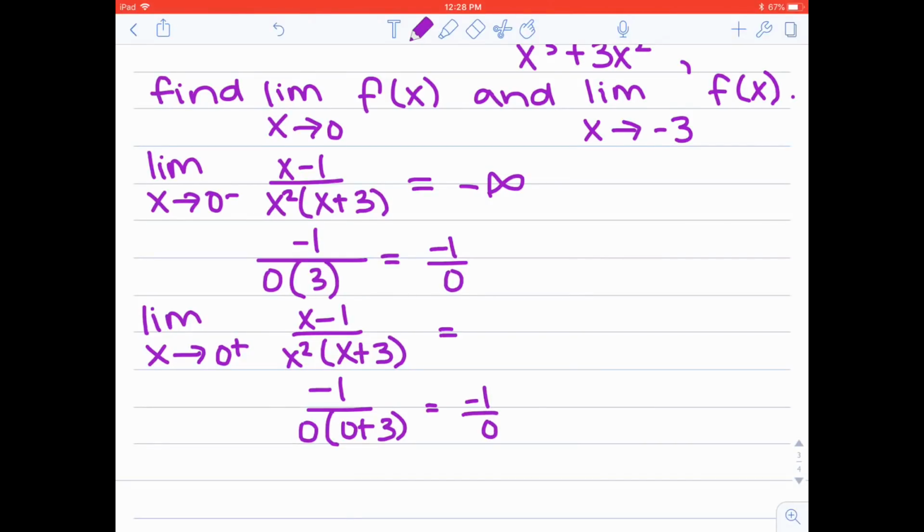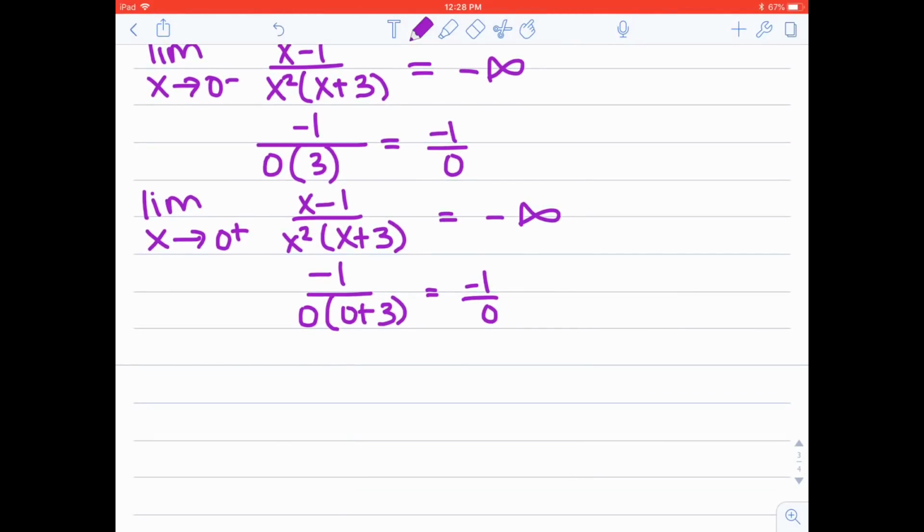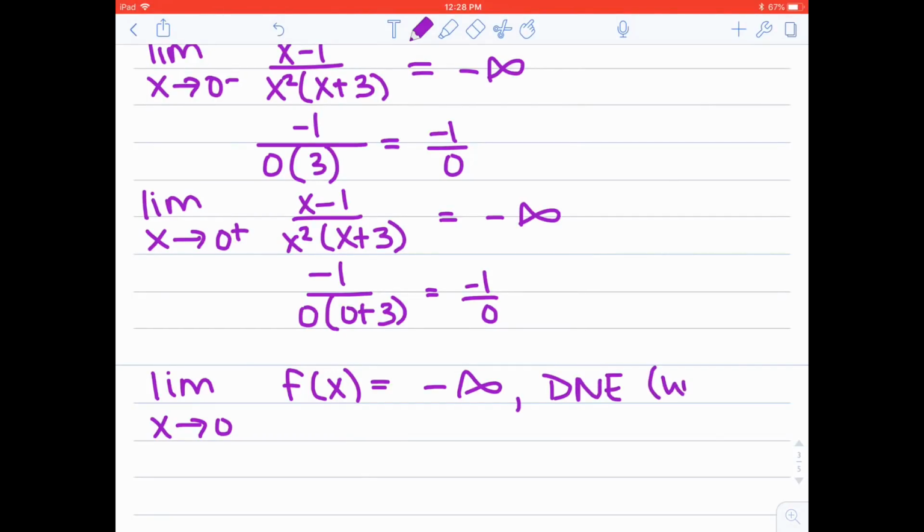So that means that the left-hand limit and the right-hand limit are actually both negative infinity. So those two things agree with each other. That means that we can conclude that the limit as x approaches 0 of the function is negative infinity. We can conclude that. However, now we're going to go ahead and say does not exist because it's unbounded.